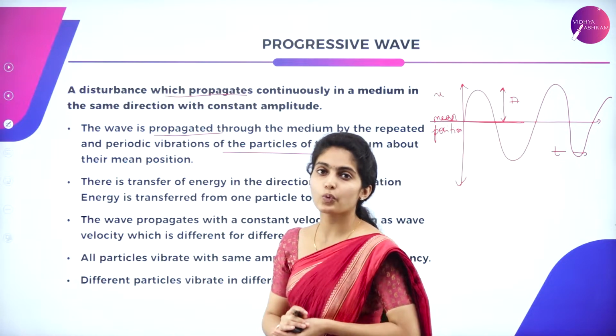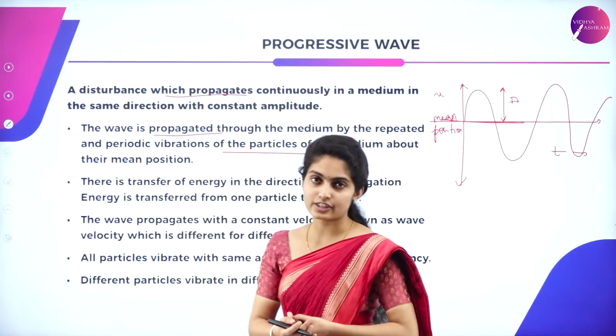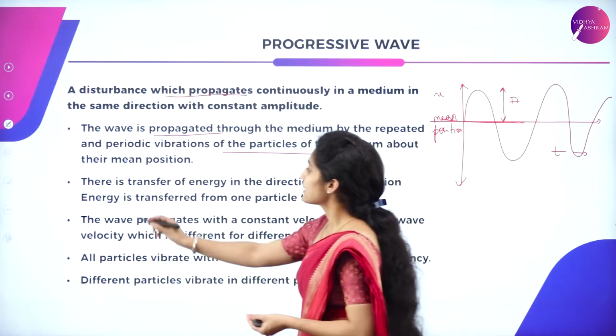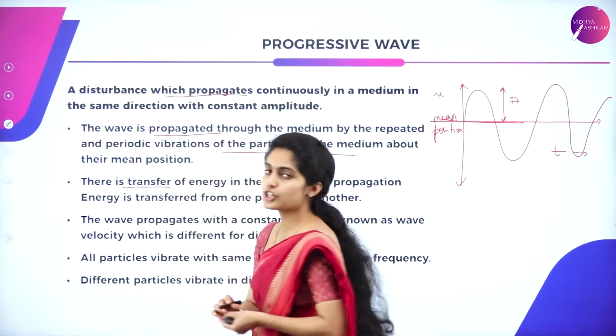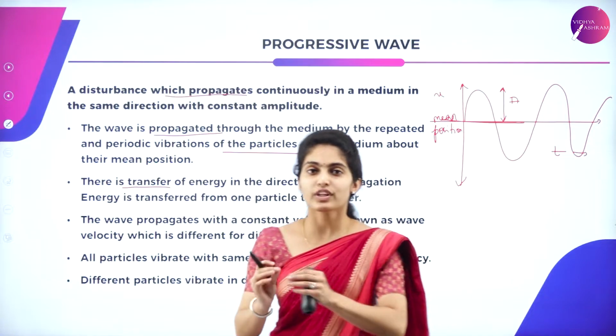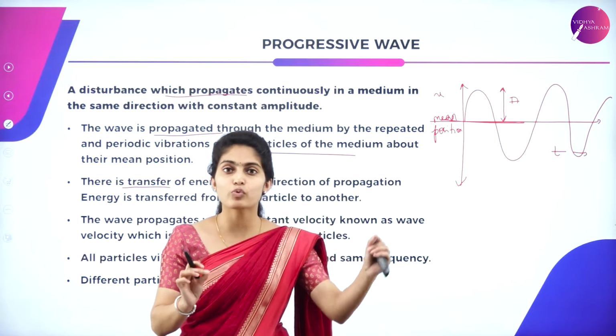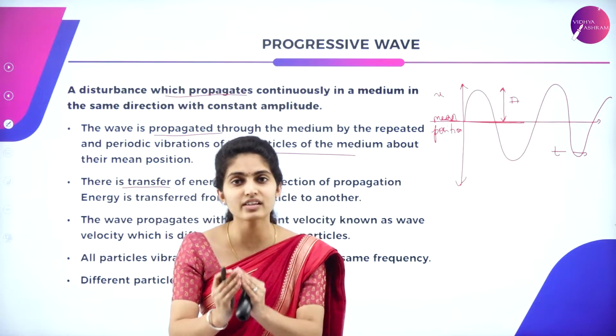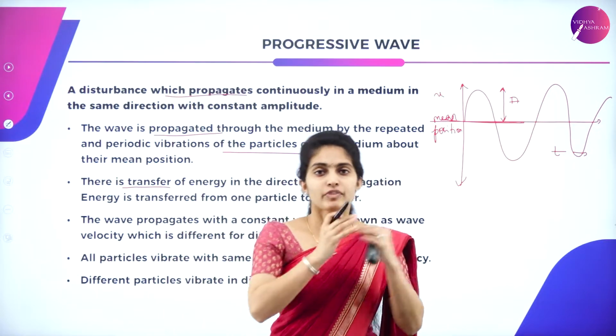Now let us go to the second characteristic of the progressive wave. So what does it say? There is a transfer of energy. When the particle is moving in a medium, what happens to the energy of one particle? It is pushed to the other particle.